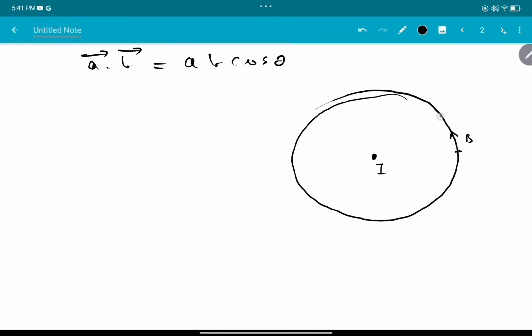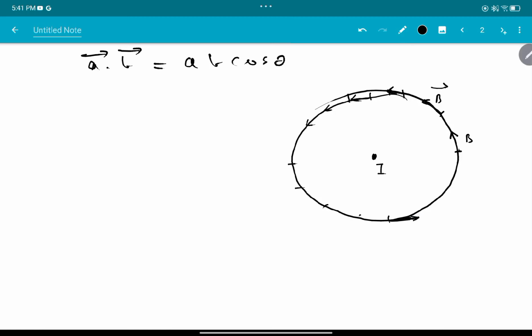Here it is pointing in this direction. Here it is pointing in this direction. So at every point of this magnetic field line, we have a magnetic field pointing in a particular direction. So here like this, here like this, and so on. I show the magnetic field here. It is like this, and so on.